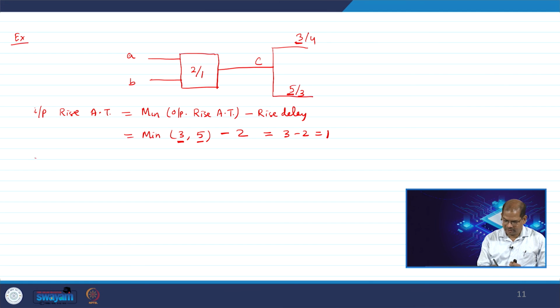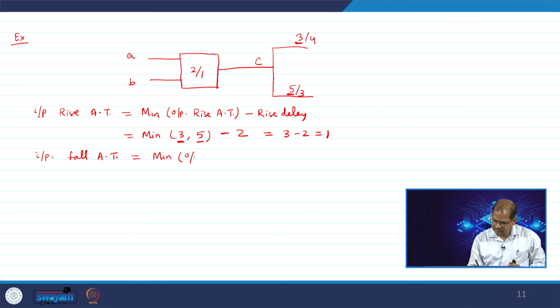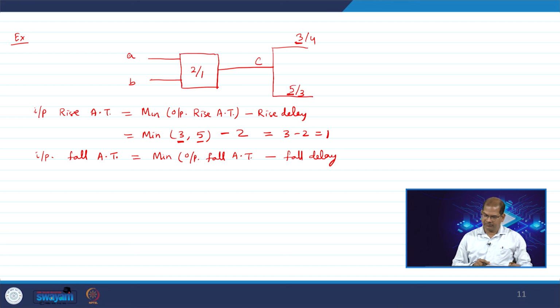Similarly, the input fall arrival time is basically the minimum of output fall arrival time minus fall delay. Here, you can see I have two paths, and the fall times are 4 comma 3.